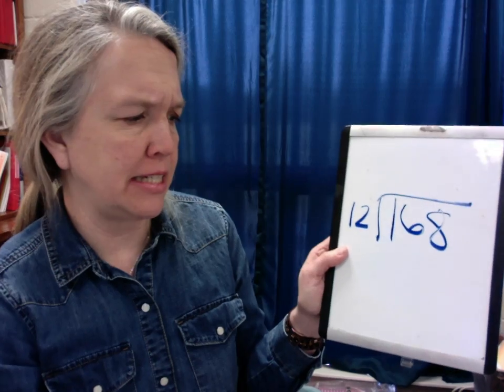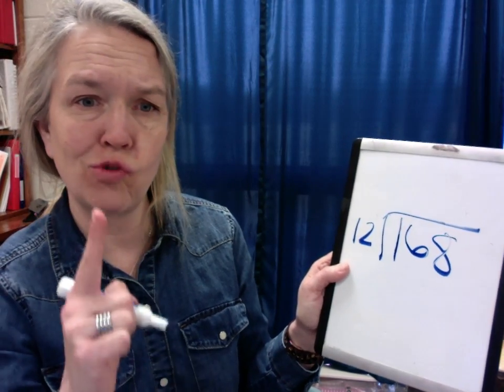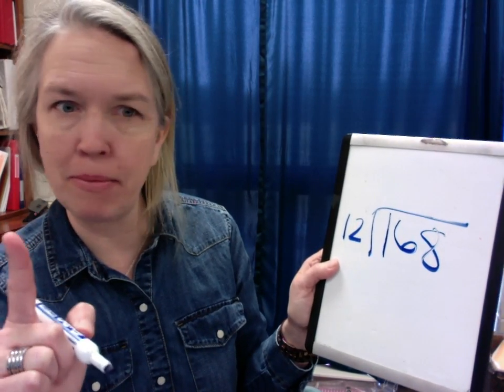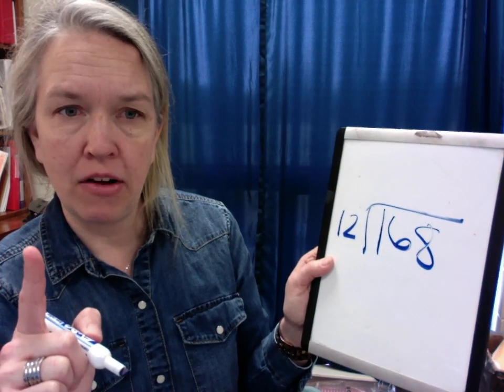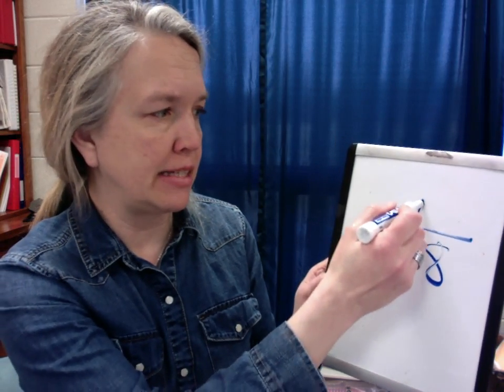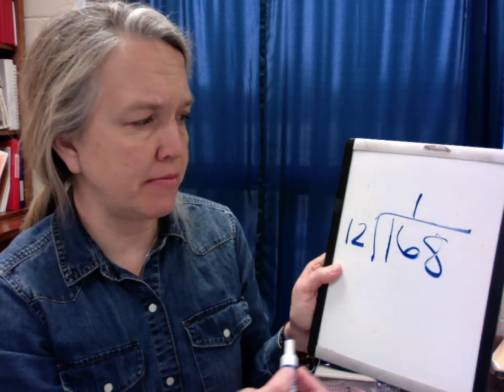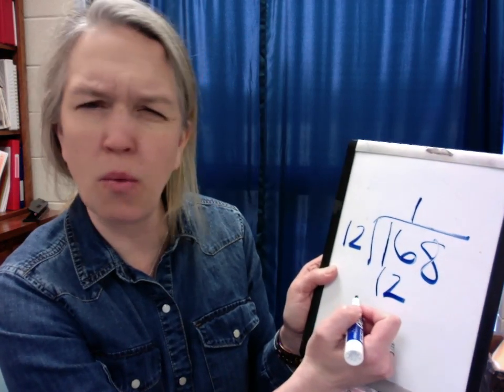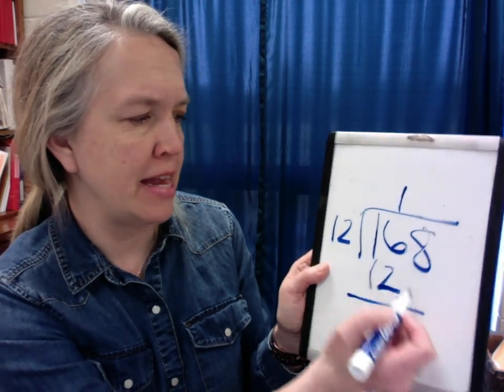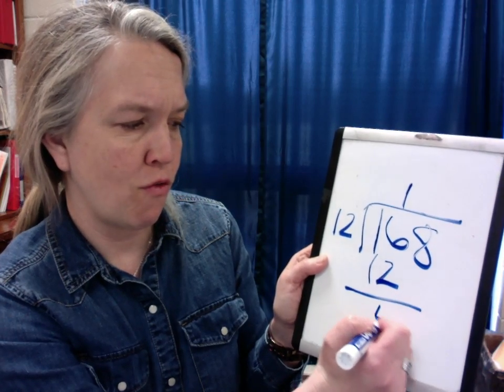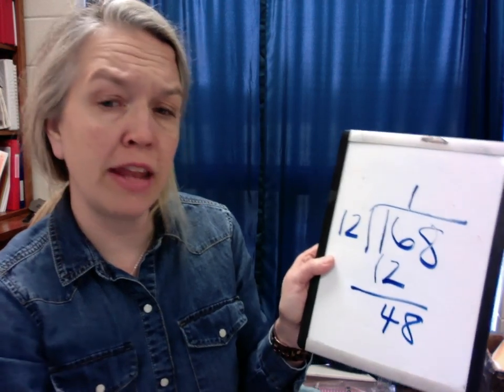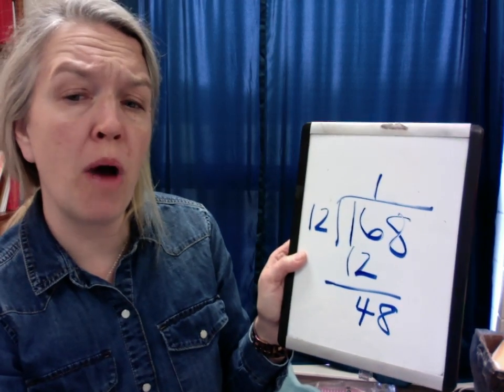12 goes into 16 how many times? 12 times what gets us to 16? Remember how we always think about it? All right, so 12 goes in there once. 1 times 12, class, is 12. So weird to have you not here responding when I say that. 6 minus 2 is 4. Bring down the 8. Those of us that know our 12 facts real well.